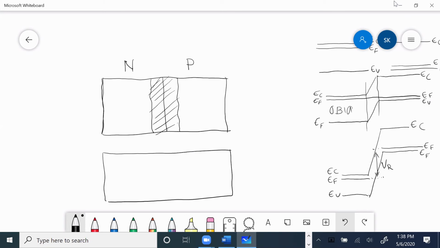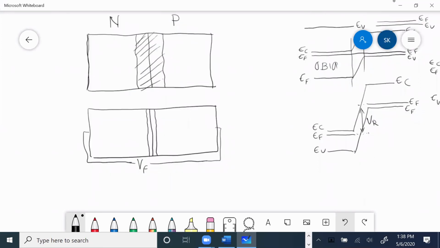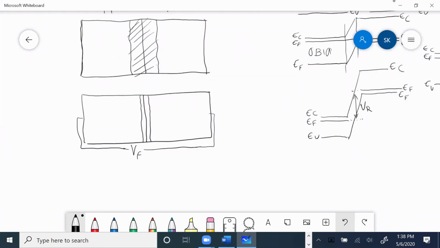What happens to this depletion region when we apply forward bias? Okay, that would be what's happening if we apply forward bias. Sorry about that. V forward. Depletion region would look like this. And if we apply reverse bias, depletion region would look like this.